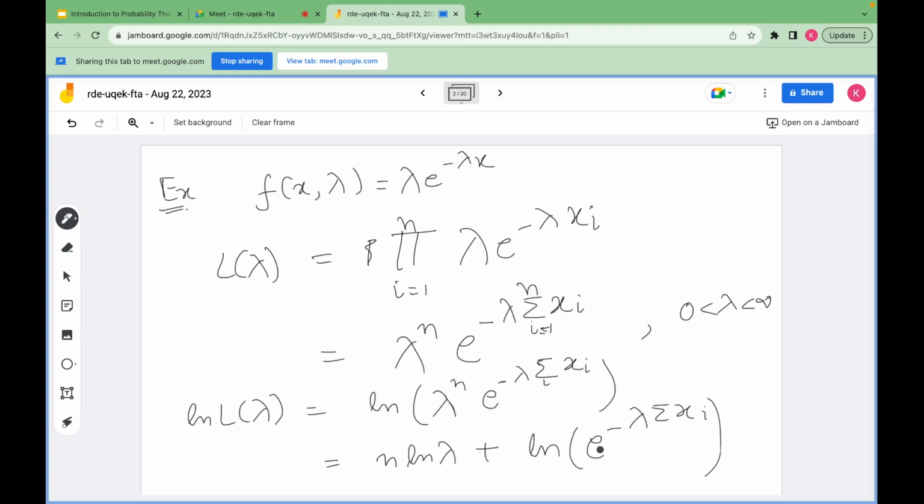As this is e to the power, we can bring this quantity down, and ln e is 1.